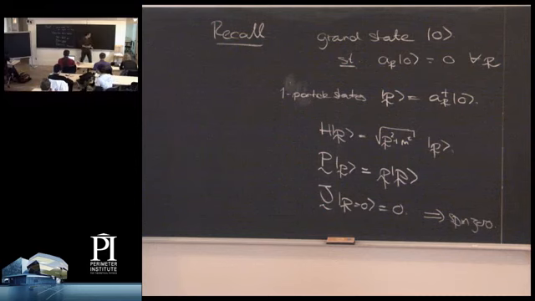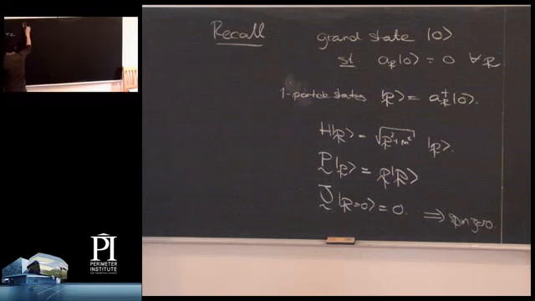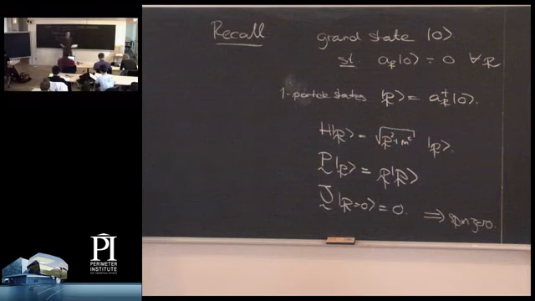No? OK, so there's a few things I just want to follow up on with this today. So the first is important, but it's a little bit fiddly. It's a question of the normalization of these states. And it's to do with this point that we haven't got manifest Lorentz invariance.